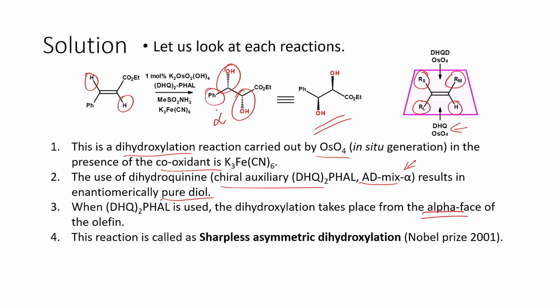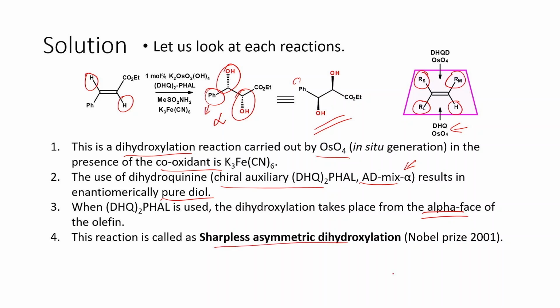So phenyl is in this one showing at the bottom, but in the question answer we have the phenyl group at the top. So that means the orientation of the molecule is exactly the mirror image of the one which is given here. So we have to just rotate the molecule in such a way that the phenyl group is at the top. So when we rotate that entire molecule like that, then this is the final product that we will get.